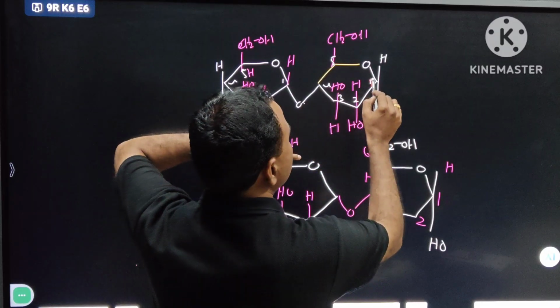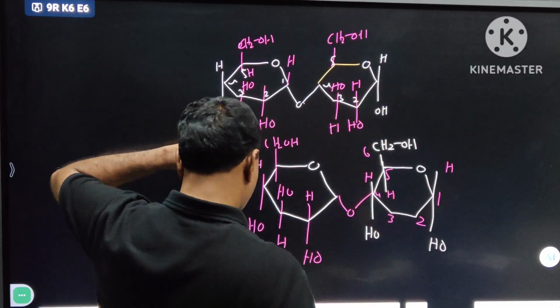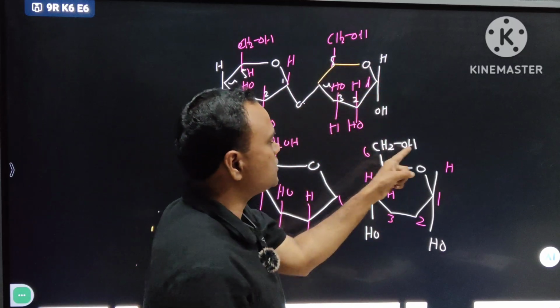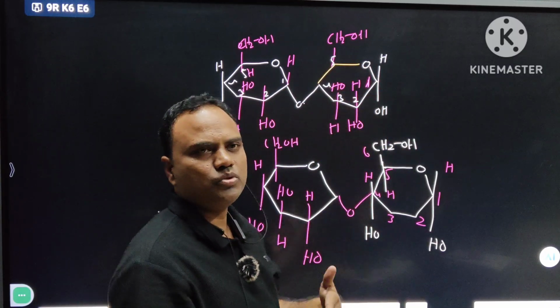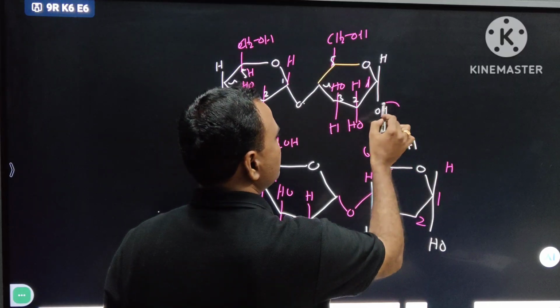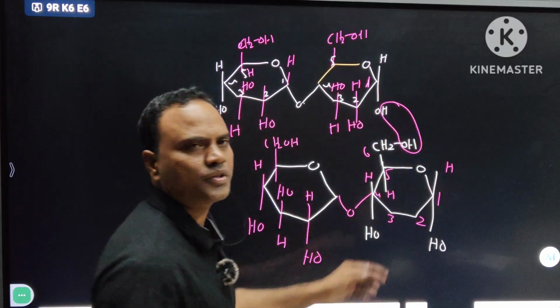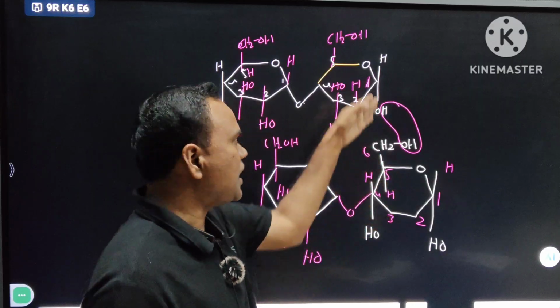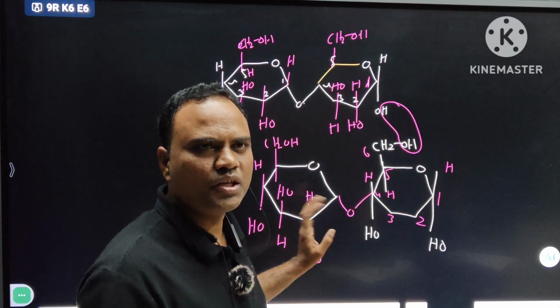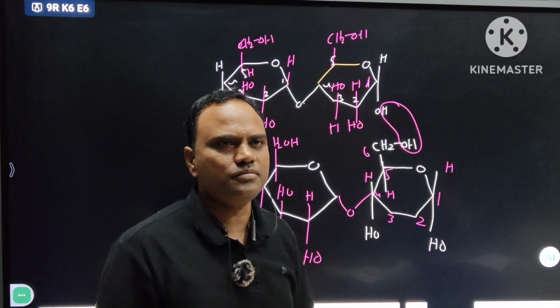Look at this, first carbon OH and the sixth carbon OH, both will combine and water will be eliminated. See this, C1 C6, and branching will form between two polymeric chains. Amylopectin is branched, right?